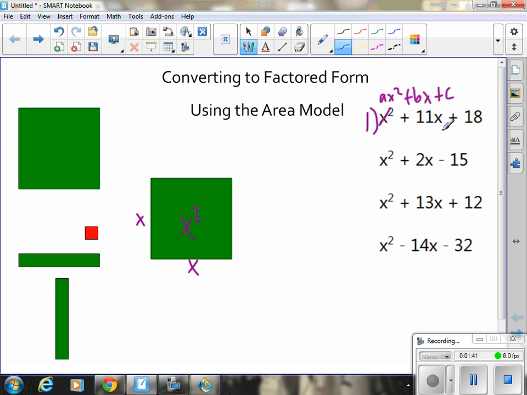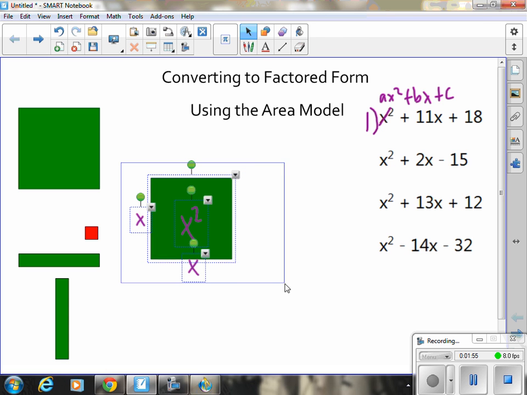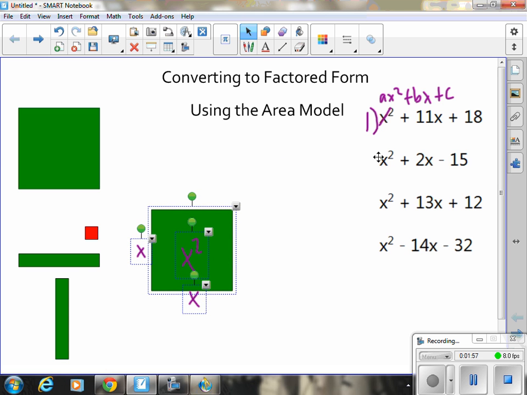Now I need to have 11 x's. So I'm going to use 11 of these rectangles, but I want to do it in such a way that I will have 18 units, 1 by 1 squares. There's a lot of ways that I can arrange 11 just off the bat. Let's just play around here.